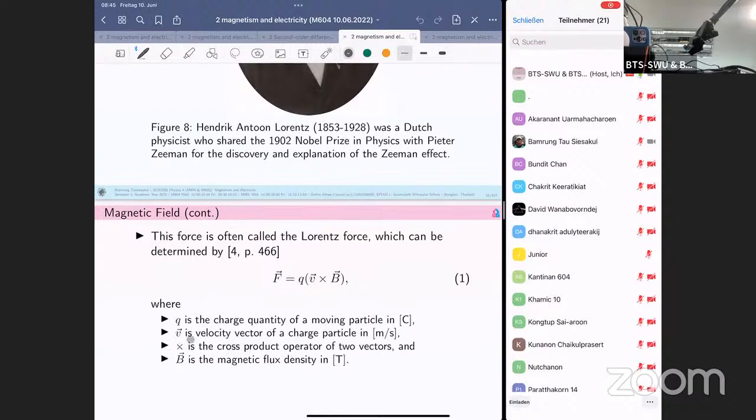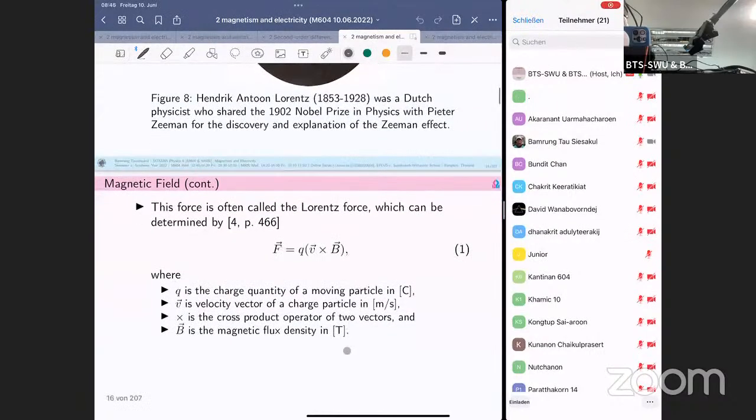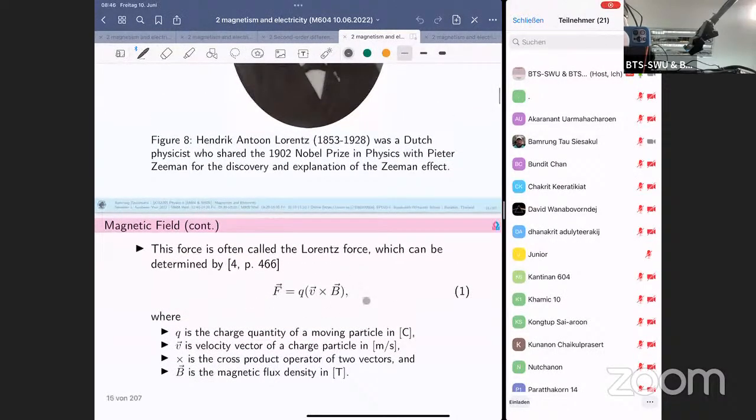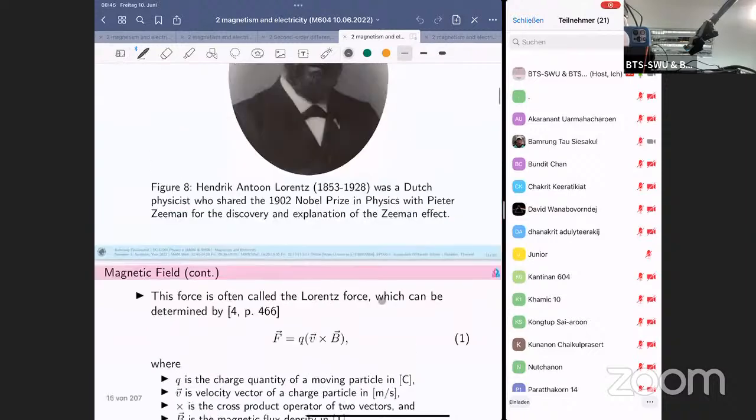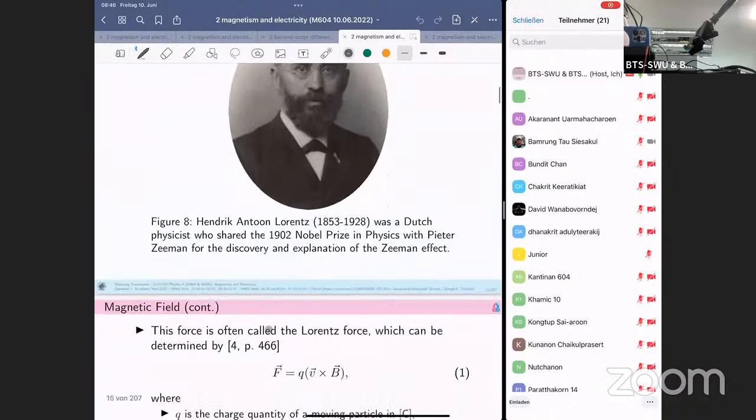The x sign, or the cross multiplication sign, means the cross product operator between two vectors. And the last quantity, the B vector, is the magnetic flux density. It's measured in Weber per square meter. It's Tesla per, no, it's Tesla. Now you know the vector version of the Lorentz force.